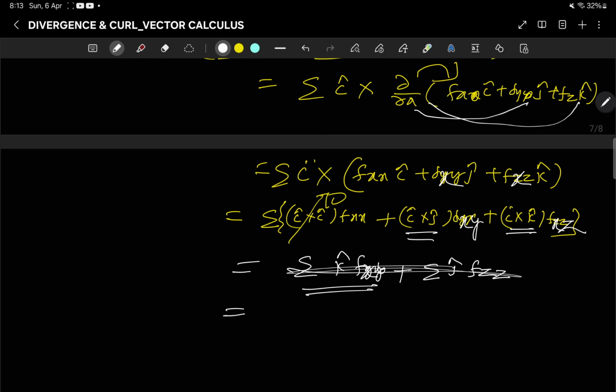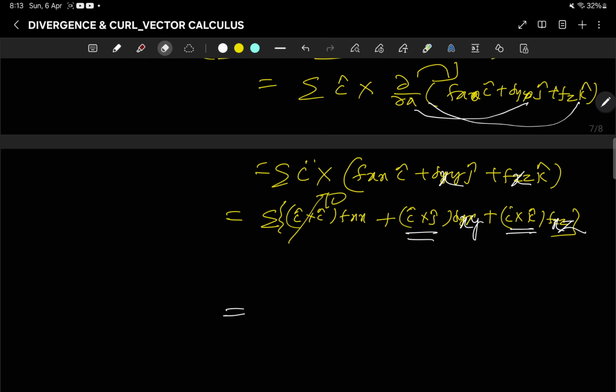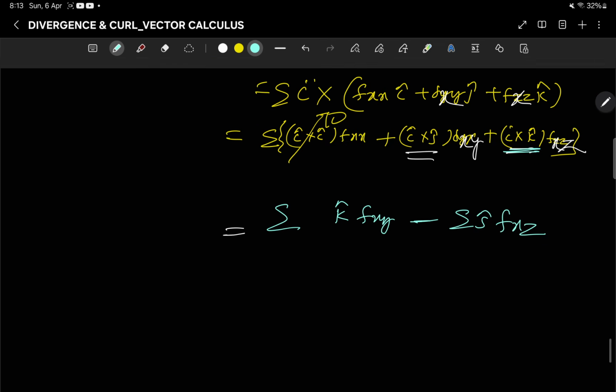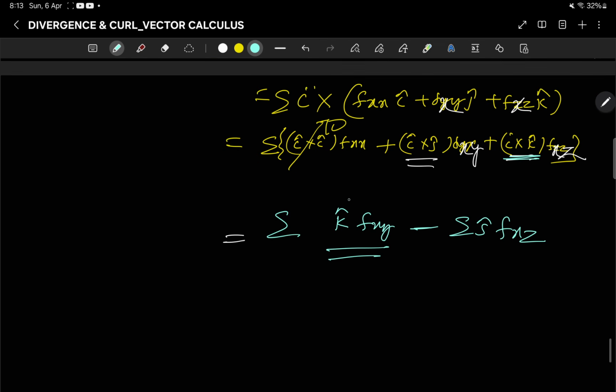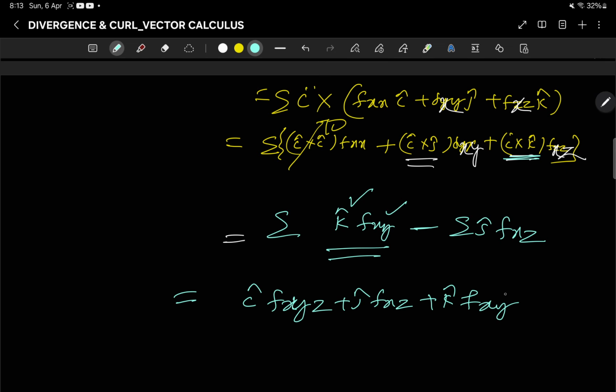So this is equal to the summation of I cross j is k fxy minus I cross k is j fxz. Now if you open it, when there is k it is xy, so you can write it as I cap fyz, plus j cap fxz, plus k cap fxy.